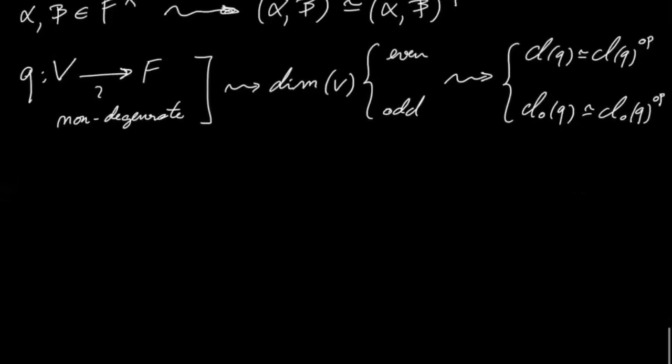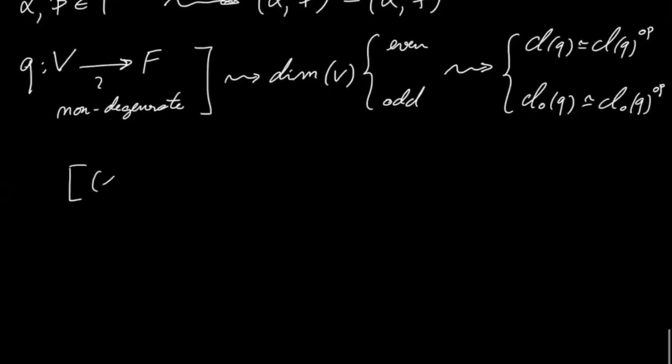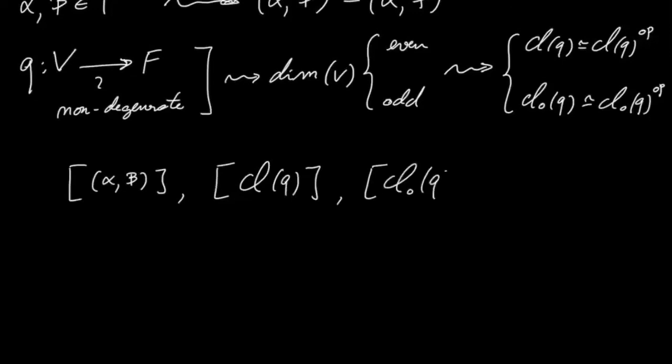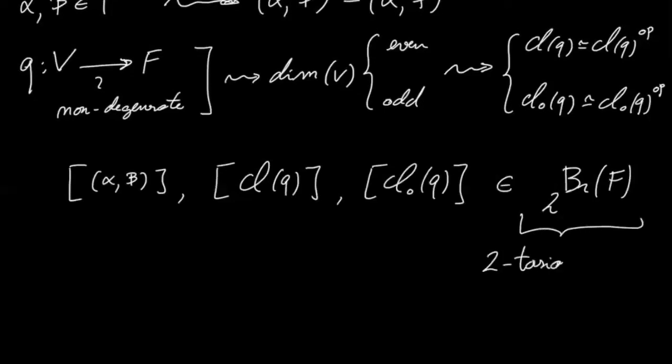So in conclusion, we know that the Brauer classes of the quaternion algebras, but also the Brauer classes of this Clifford algebra, or even the Brauer classes of the degree zero part of the Clifford algebras, they all belong to the Brauer group of the base field, of course, but moreover, they belong to this two torsion part of the Brauer group. So two torsion subgroup. So it's difficult to understand the Brauer group, but the two torsion subgroup, one can say something about it.